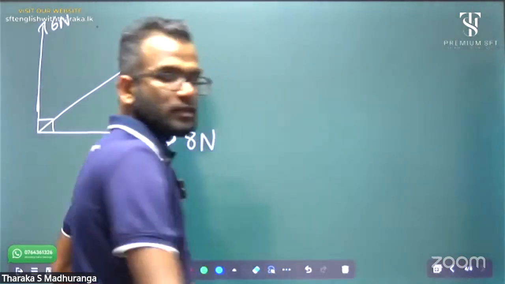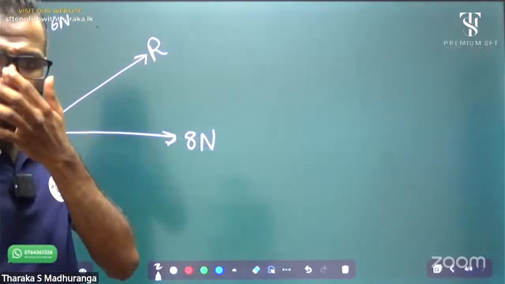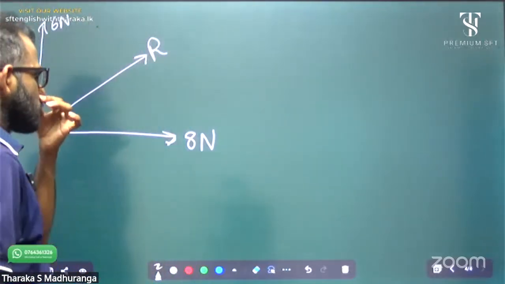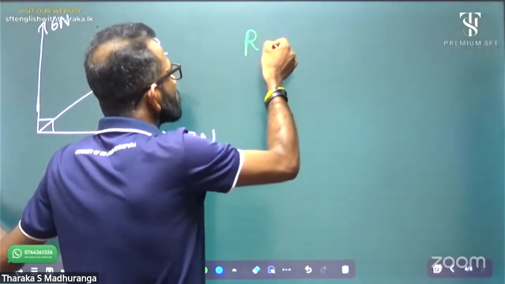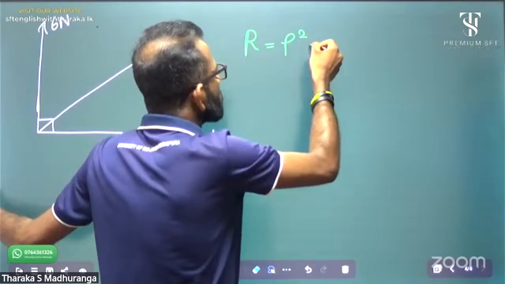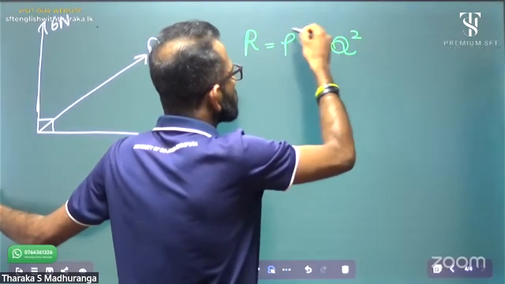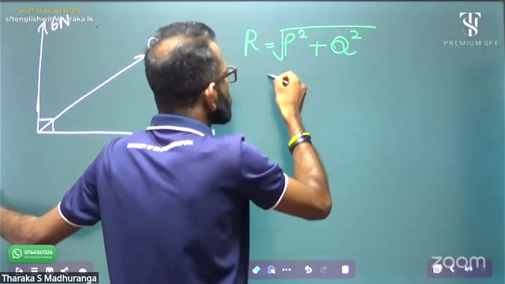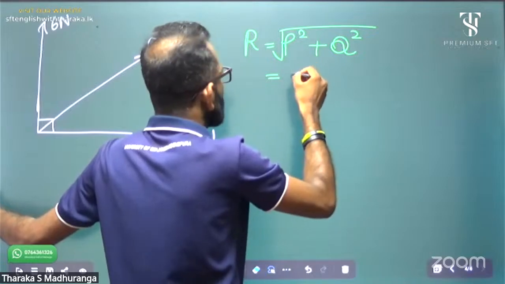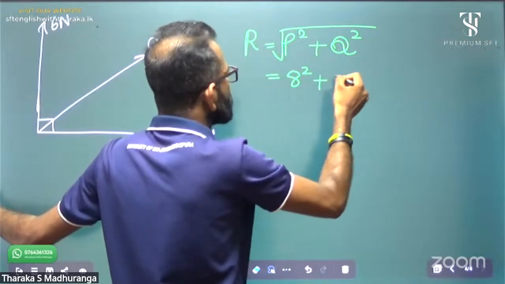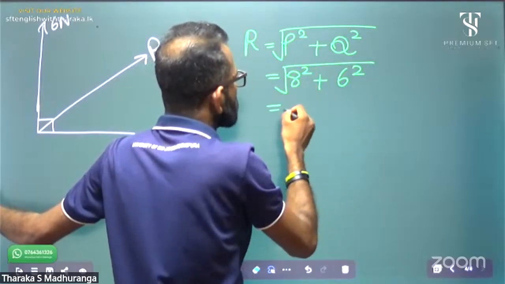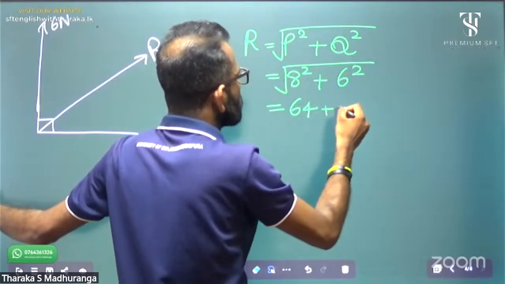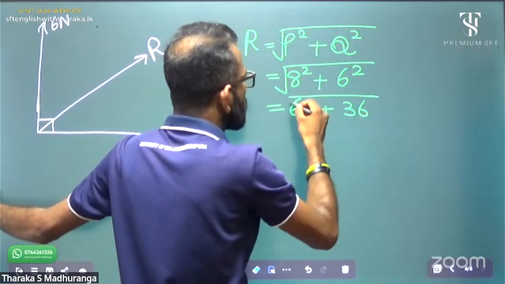Magnitude is correct. How to get the magnitude? R equals the square root of P squared plus Q squared. 8 squared plus 6 squared, square root, 64 plus 36, square root.